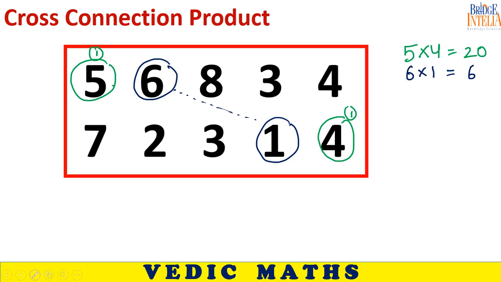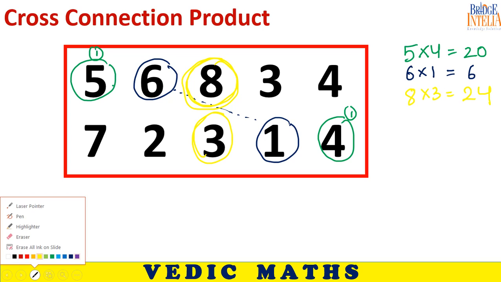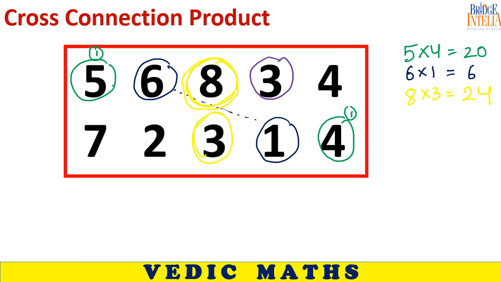Next connection, let me use a different color. Next connection, you have to connect this 8 with 3. So 8 threes are 24. Each connection I am using a different color so that you can understand. Next connection between 3 and 2. So this 3 is connected with this 2.